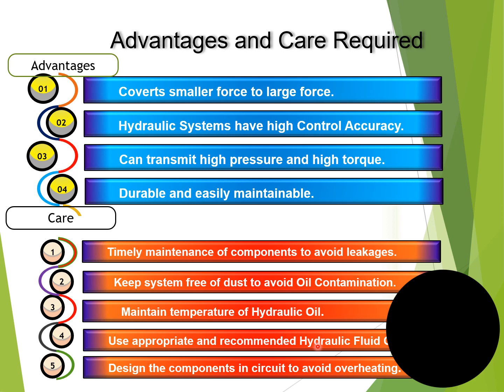The hydraulic fluid viscosity is normally recommended by the supplier, whether it is 68 or 32 Stokes. So they recommend some specification for the hydraulic fluid, and we should always use the recommended oil only. And finally, design the components in the circuit to avoid overheating. We have just studied that bad design in the circuit may result in overheating. So we have to design our components in such a way that we avoid overheating.